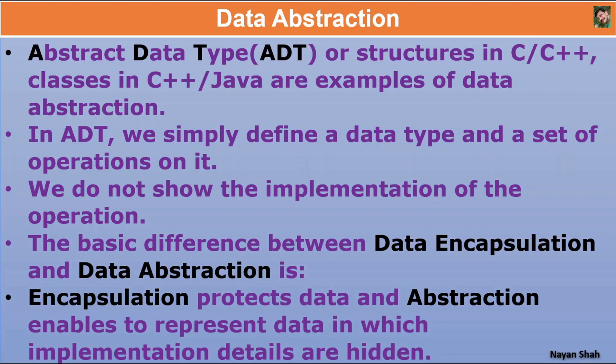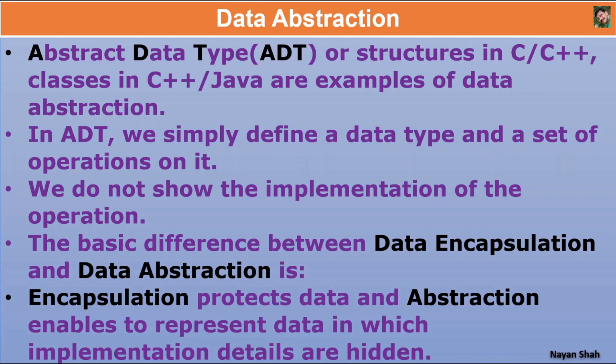The basic difference between data abstraction and data encapsulation: encapsulation protects data. Remember, encapsulation is capsule. It protects the data. Whereas abstraction enables representing data in which implementation details are hidden.